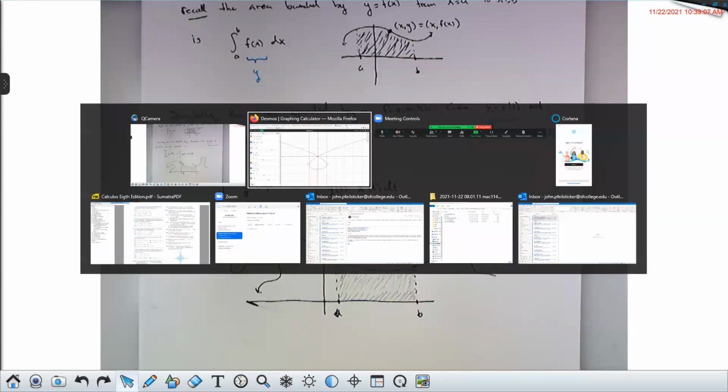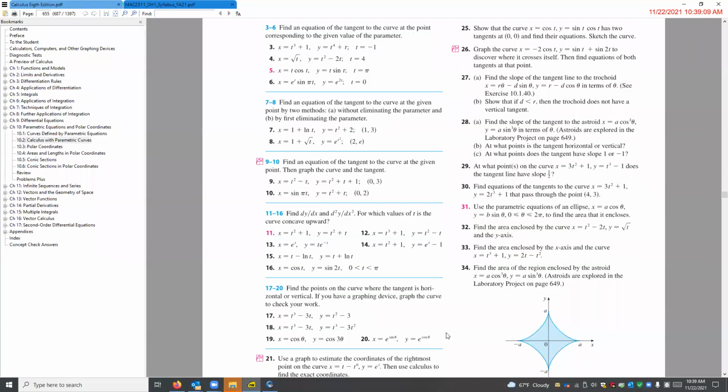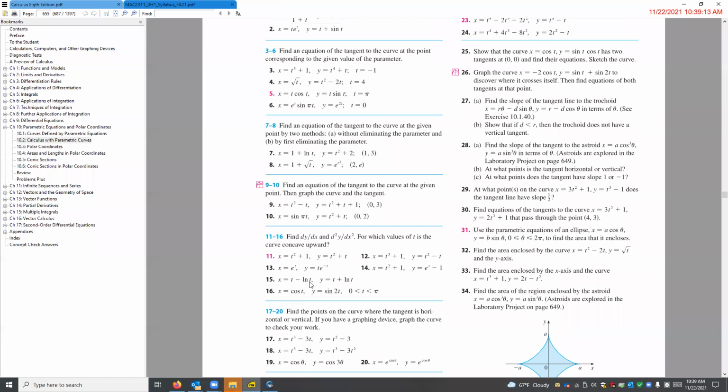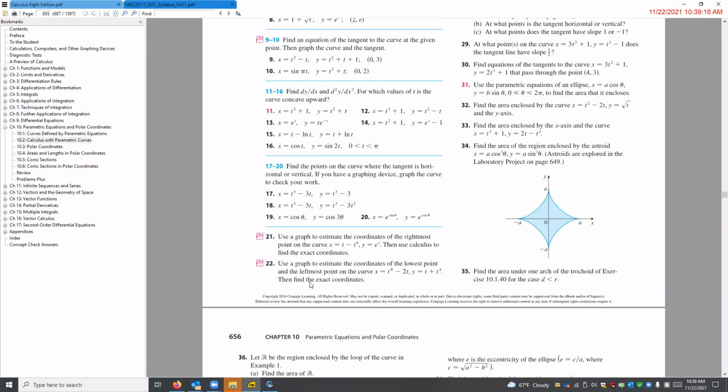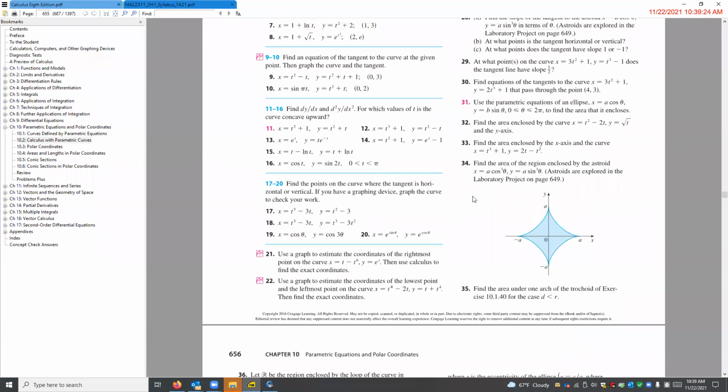We can crunch out a quick example. The ellipse is the problem I put in your homework. Let's see, what would be a fun example? Area enclosed by the x-axis and the curve.